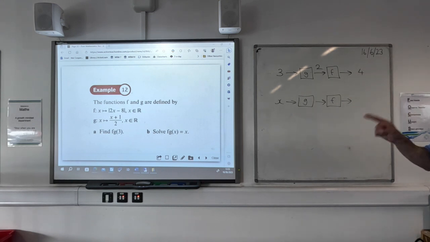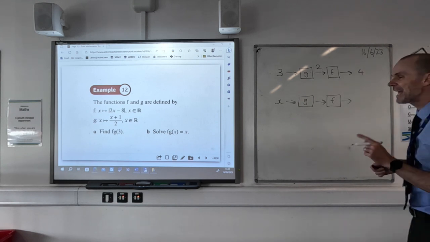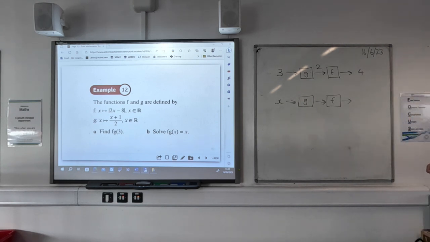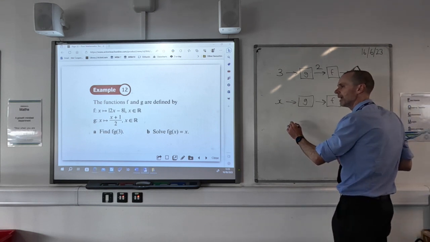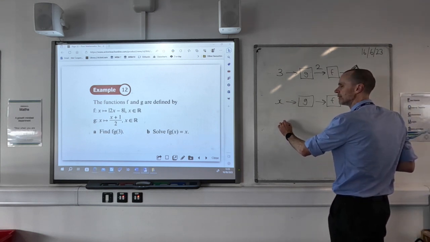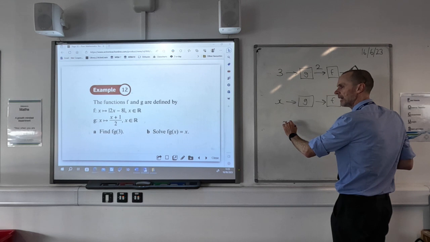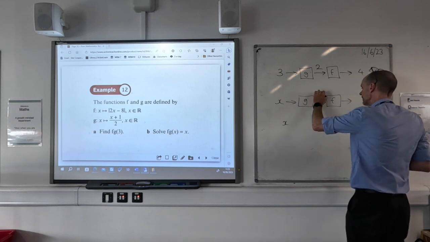So when I put 3 into g, 3 plus 1 is 4 divided by 2, 2 comes out. So 2 is the number I put into f, 2 lots of 2 is 4, take away 8 is minus 4, but it's the modulus of that, so it's 4. If I put x into g, x plus 1 over 2 comes out.